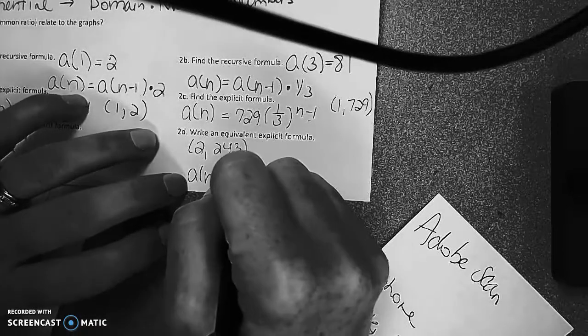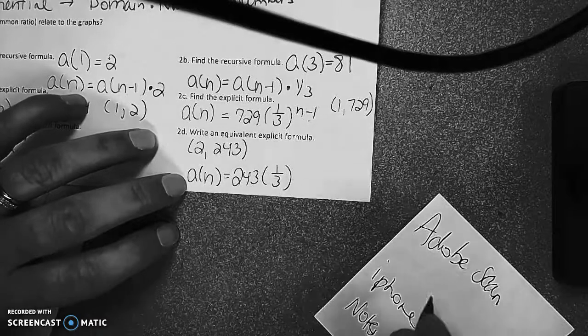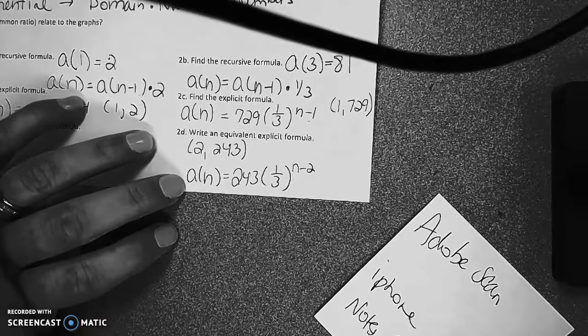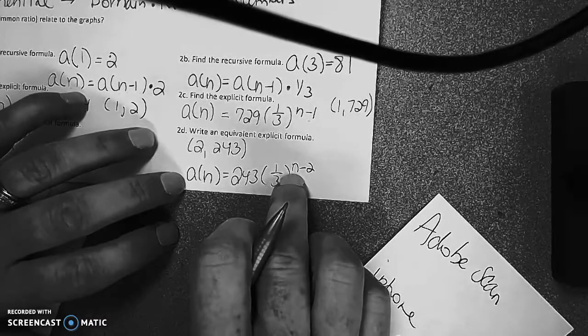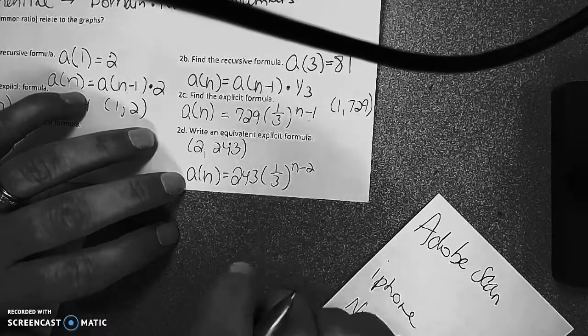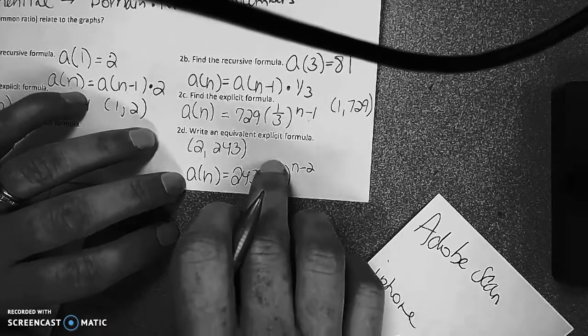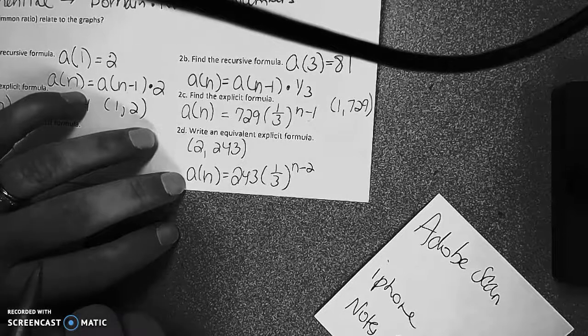But now you're going to take 243 and multiply it by 1/3 to the n minus 2. Try it out. We know that our second term should be 243. If you plug 2 in, it's 1/3 to the 0. Well, that's 1 times 243, we get 243.